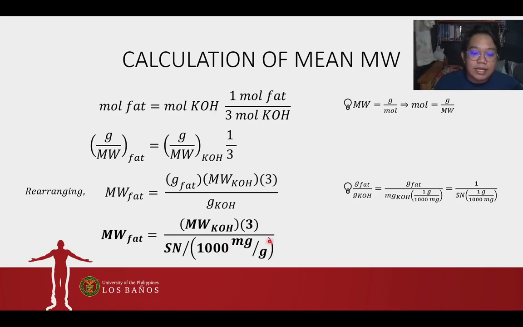So, para mag-cancel yung milligram per gram, nagkaroon tayo dito ng conversion factor na 1,000 mg per gram. So, at the end, you should be able to have the final unit of gram per mole. So, yung gram per mole na yun ay galing sa molecular weight ng KOH.